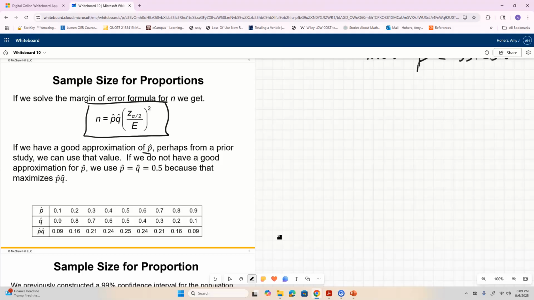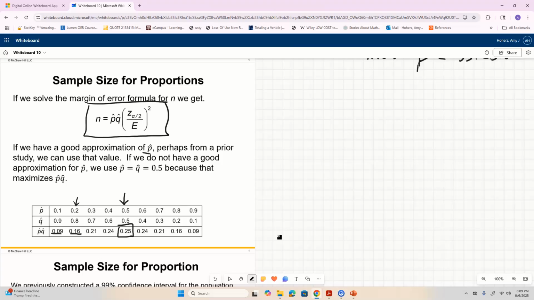And when you take two decimal numbers between 0 and 1 and multiply them, we actually have kind of an inflection point here. If p-hat is 0.1, that means q-hat is 0.9, and we get 0.09. If p-hat is 0.2 and q-hat is 0.8, we get 0.16, and you can see how that progresses. Then we come up to 0.5 and 0.5, we get 0.25.